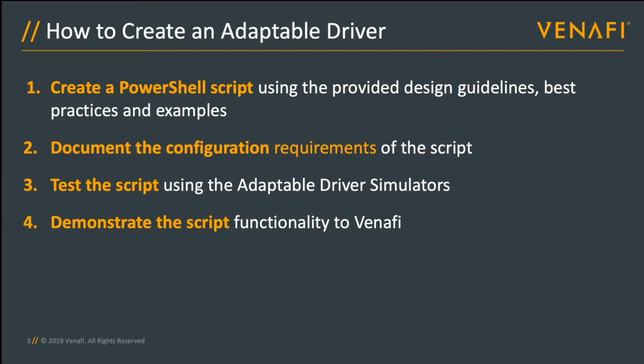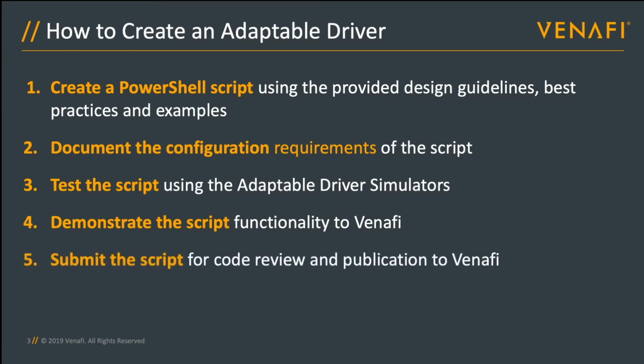Then we'll want to see a demonstration of the functionality of the integration to the Venafi ecosystem team. And finally, submitting that code, the Adaptable script, to be reviewed by the Venafi code review team. And once that process is complete, we publish the driver to the Venafi marketplace at marketplace.venafi.com.